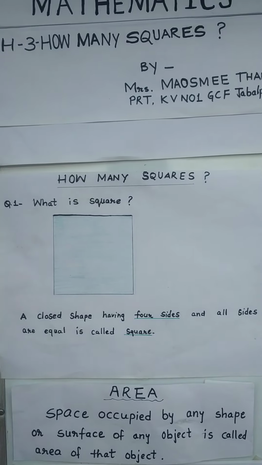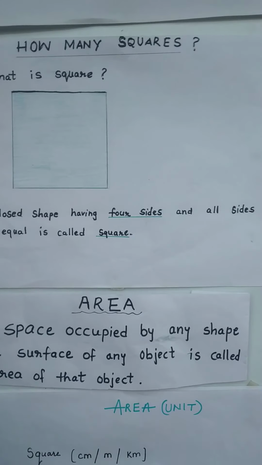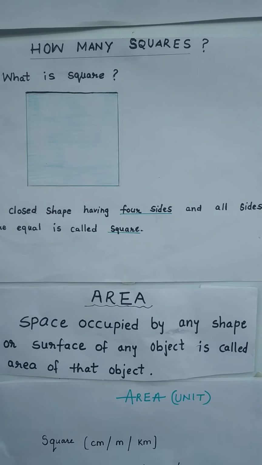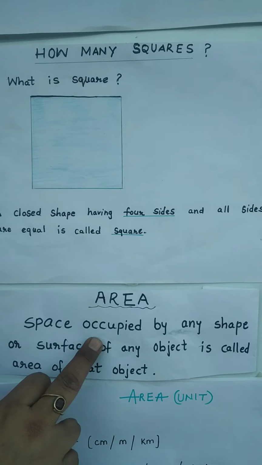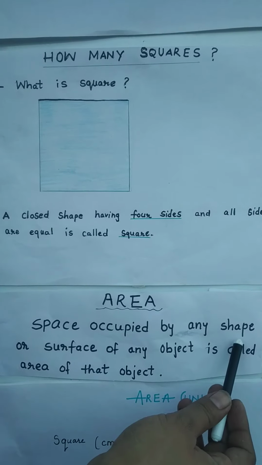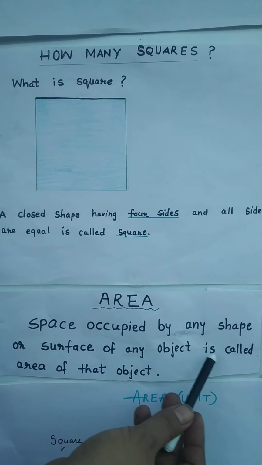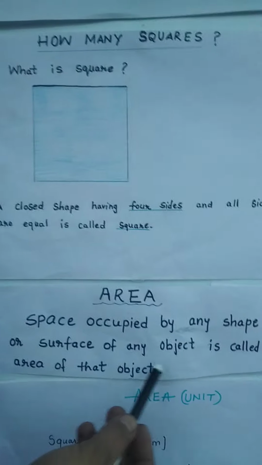Children, now I think you are having a doubt. What is area? Yes, let's discuss the area first. Let's define. What is area? Area, space occupied by any shape or surface of any object is called area of that object or the shape.